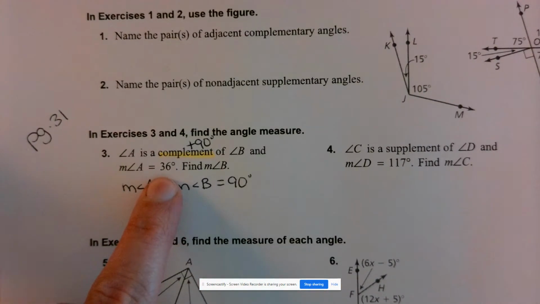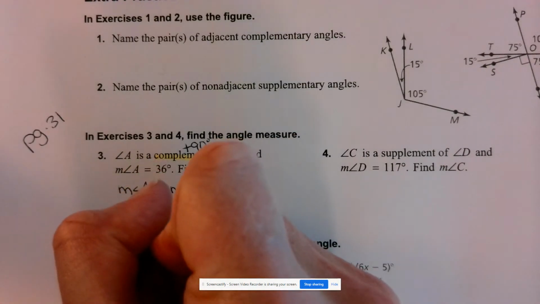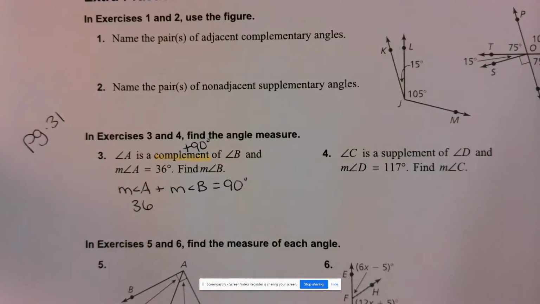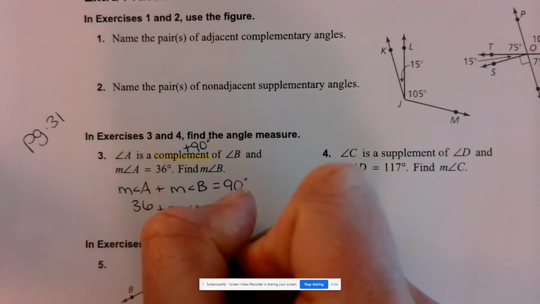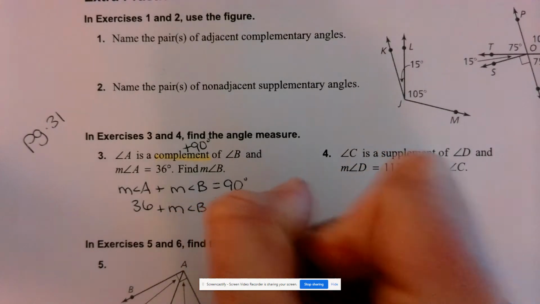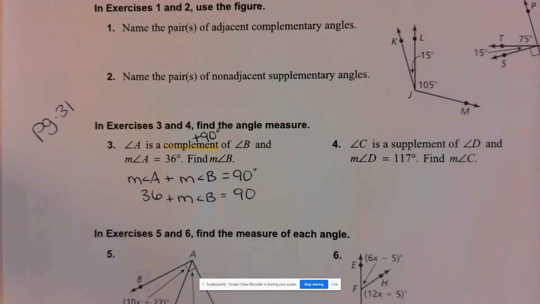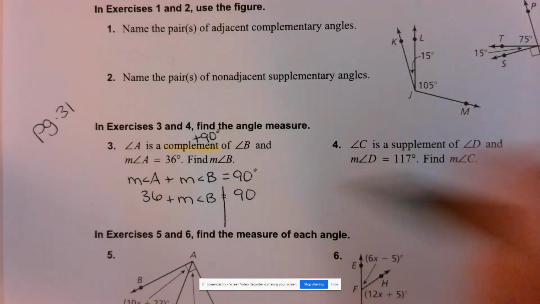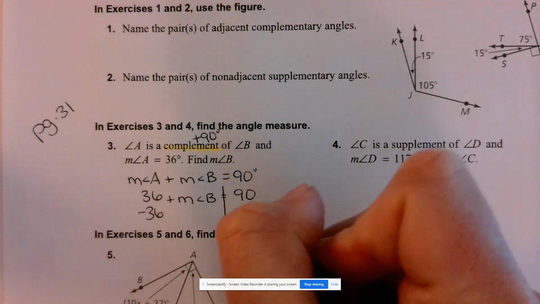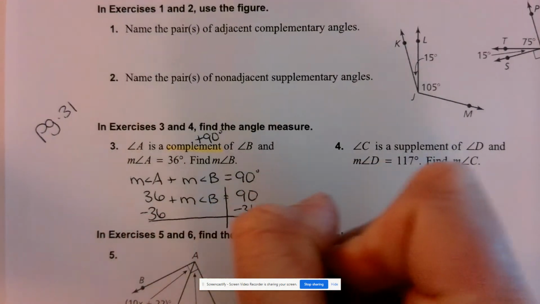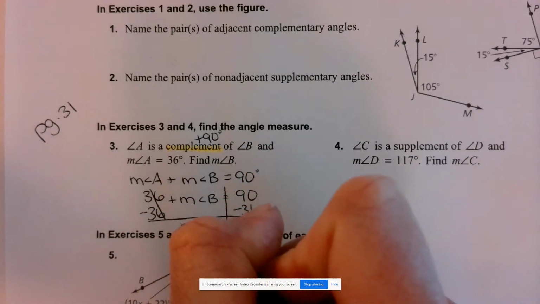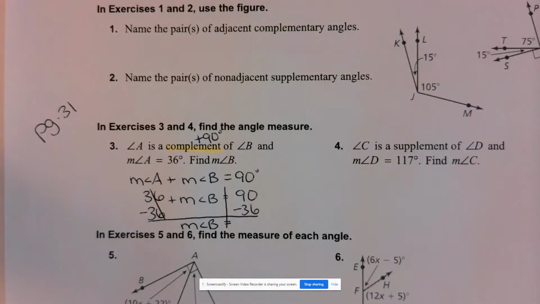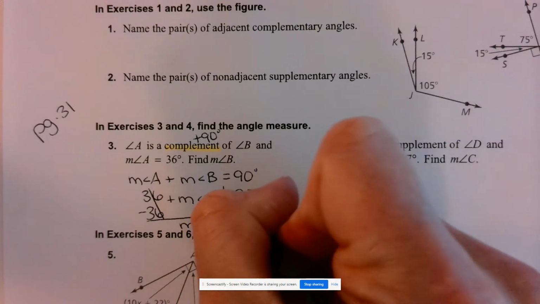Well, they tell me the measure of angle A is 36, so I'm going to plug that in for the measure of angle A. And now I just need to find the measure of angle B. I have an equation here. I can subtract 36 from both sides to find that the measure of angle B is equal to 54 degrees.